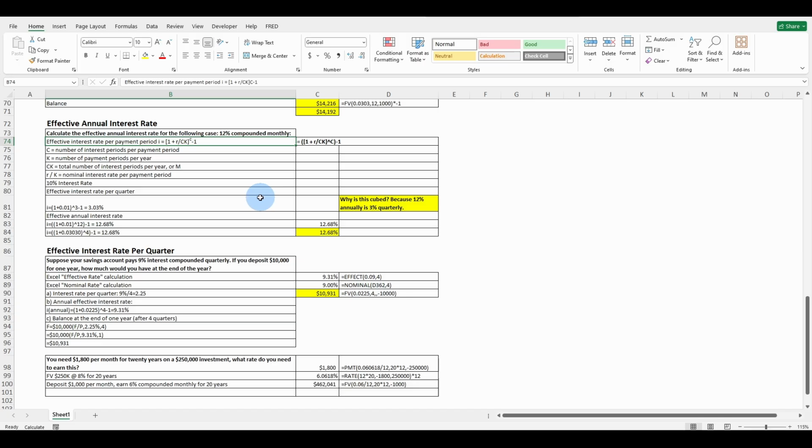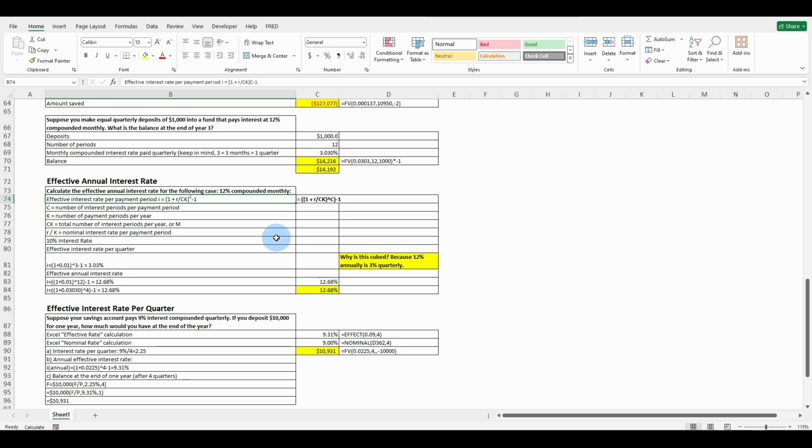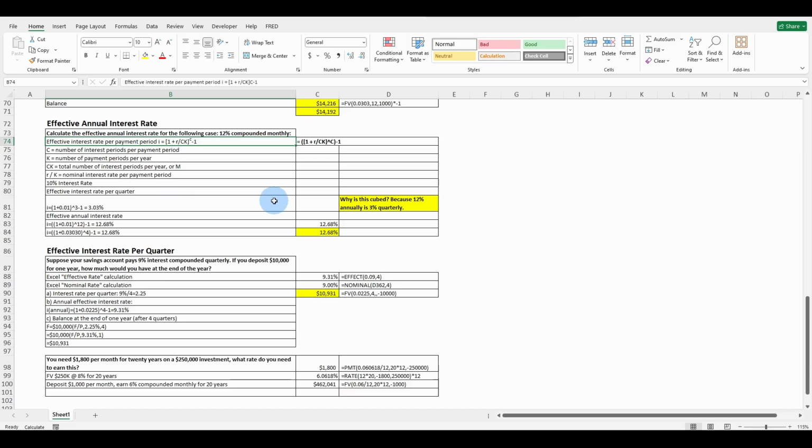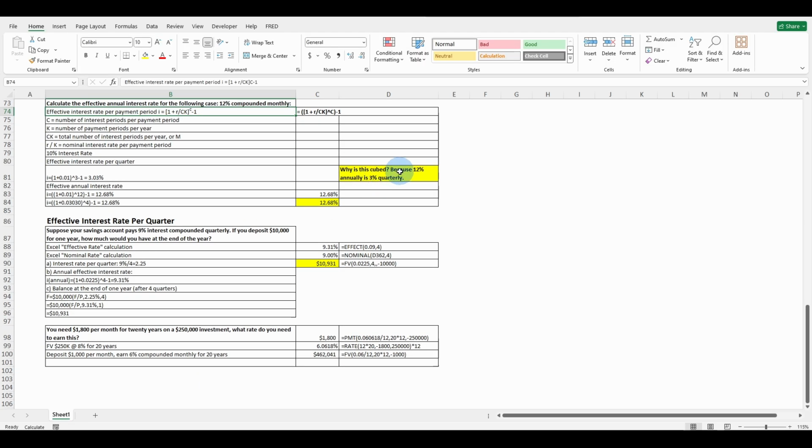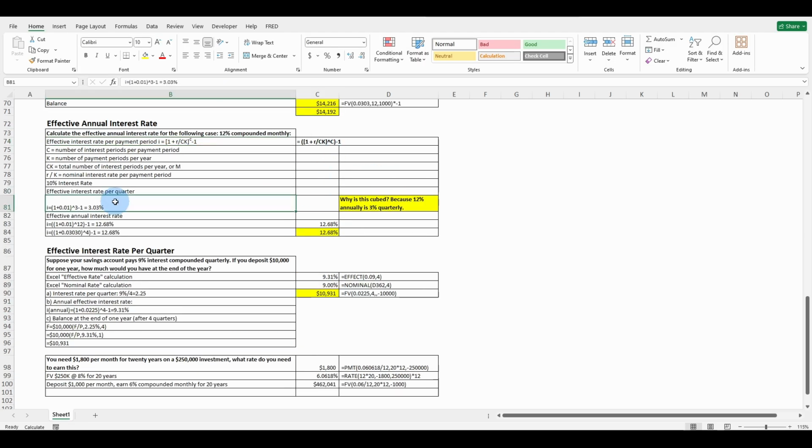It's pretty self-explanatory. You're trying to find I instead of here, which would have been P or what have you. So our effective annual interest rate, what is this cube? Because the question is, if we look at this final hard-coded number, I is equal 1 plus 0.01 cubed minus 1. Why is that cubed? And why is it 0.01?